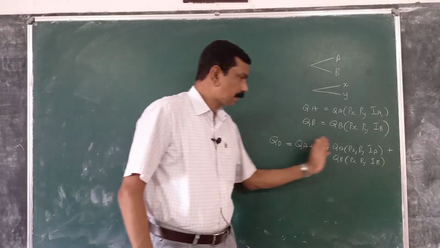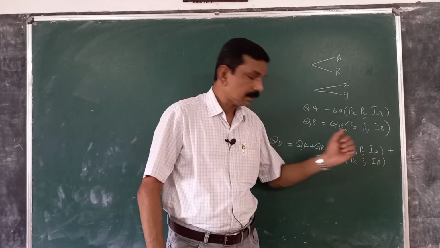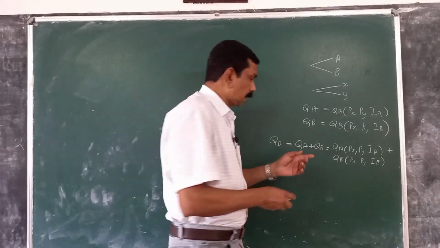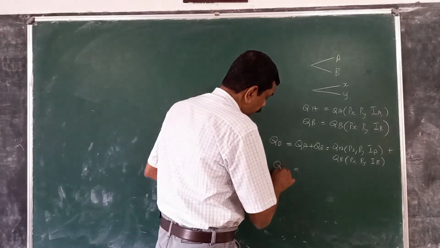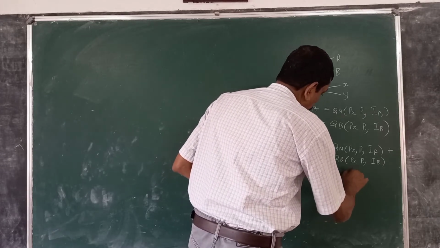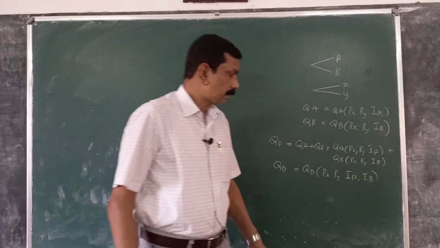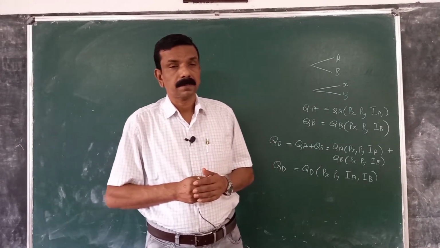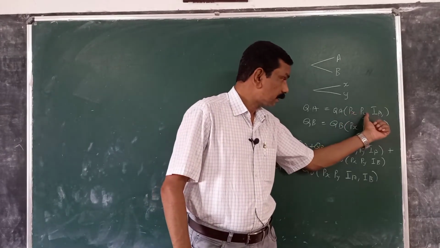That is, quantity demanded in the market is the sum total of quantities demanded by individual A and individual B. It can also be written simply as QD equal to QD(Px, Py, IA, IB), because it is assumed that both consumers face the same prices in the market for X and Y.